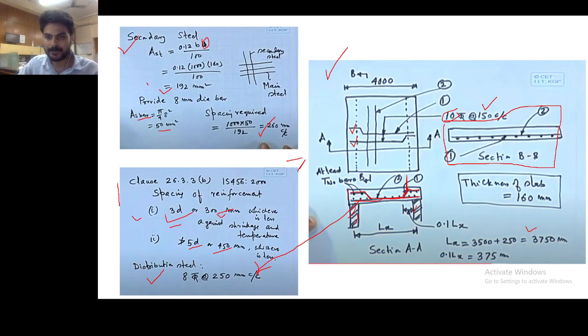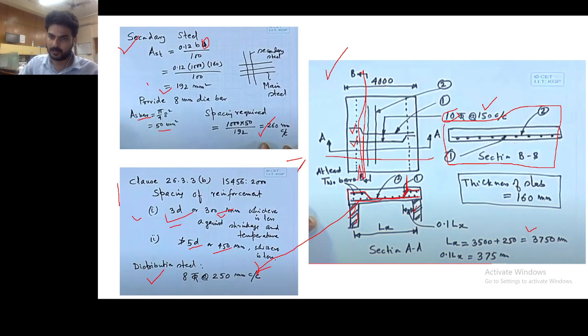And this section is when we cut like this. Now tell me which one is the primary and which one is the secondary reinforcement. First of all, we have cut like this. Now I am cutting like this.